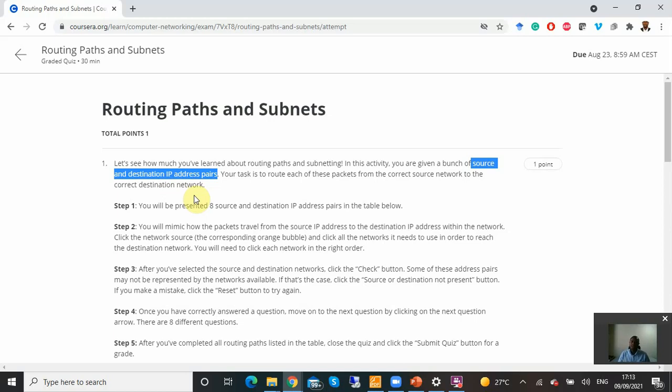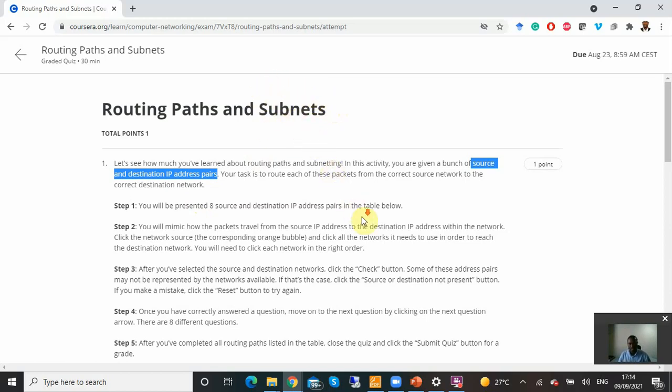Dynamic Host Configuration Protocol assigns the IP address to your computer from the network space. And it is the network space IP address that is usually being subnetted.